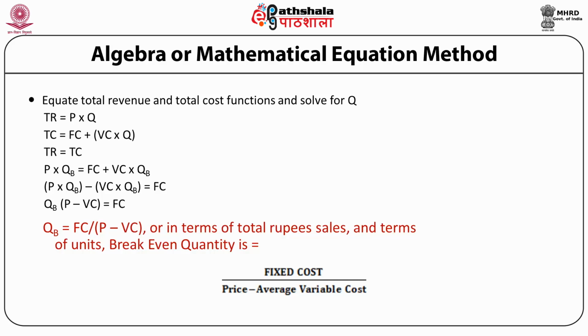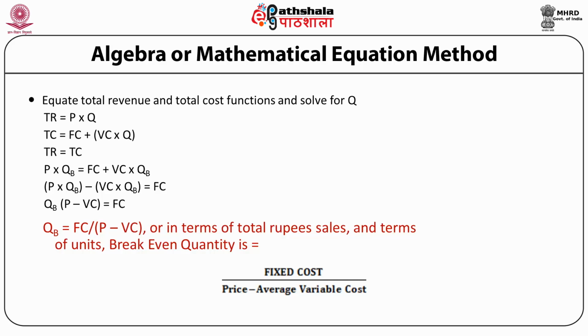And the total cost is equal to total fixed cost plus total variable cost. And the total variable cost is equal to total output multiplied by variable cost per unit, that is average variable cost per unit. So total cost is equal to total fixed cost plus quantity into average variable cost per unit.